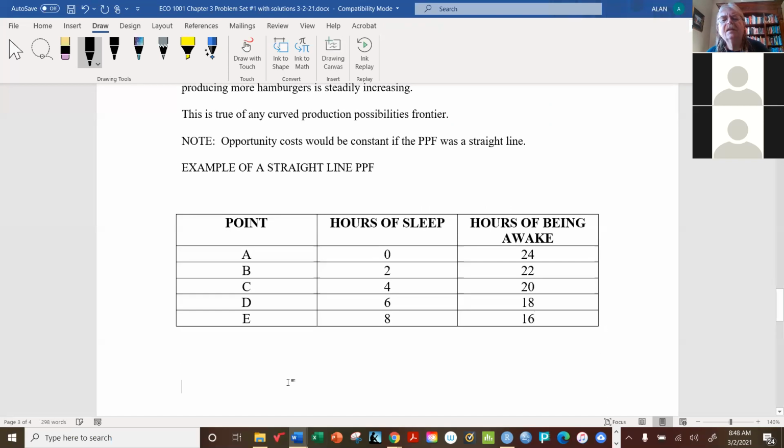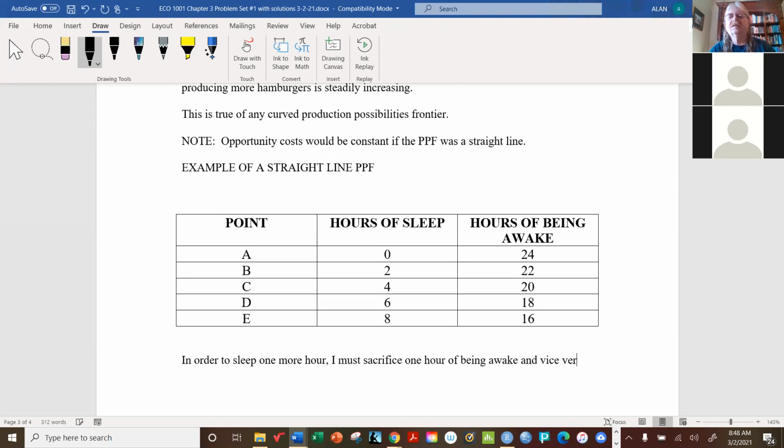And you can see this is a different case altogether, because there's only 24 hours in the day. In order to sleep one more hour, no matter where I am on this line, I must sacrifice 1 hour of being awake, and vice versa.